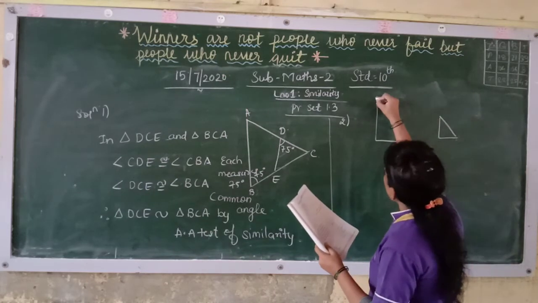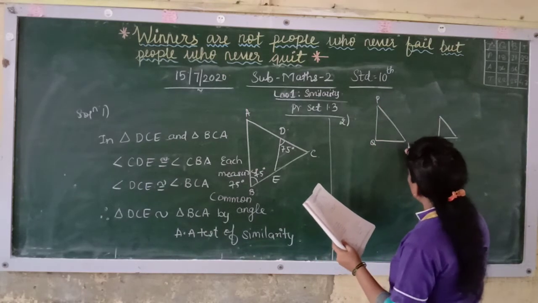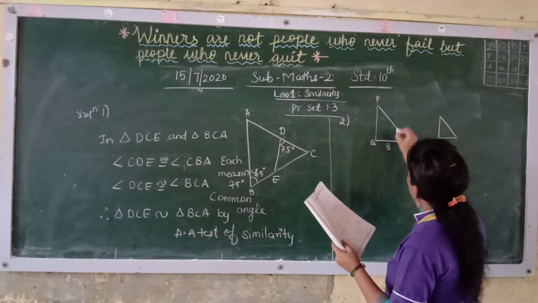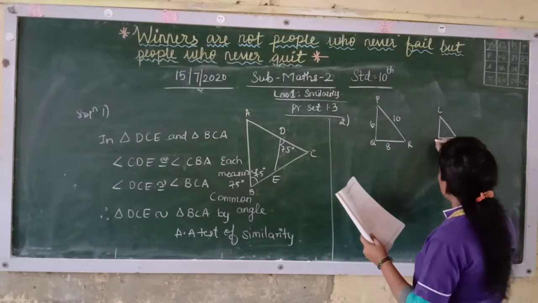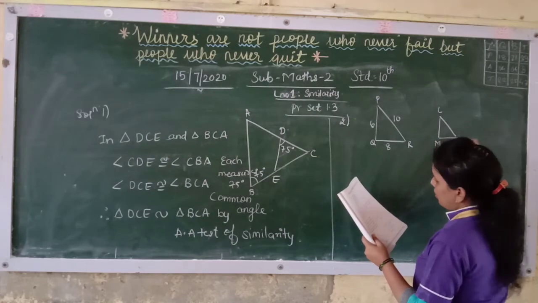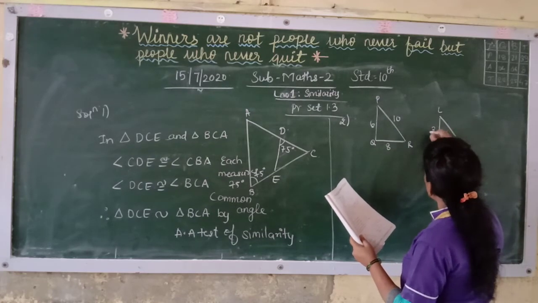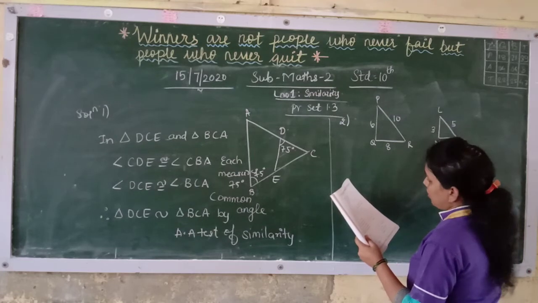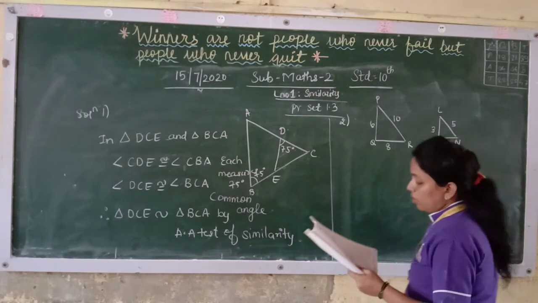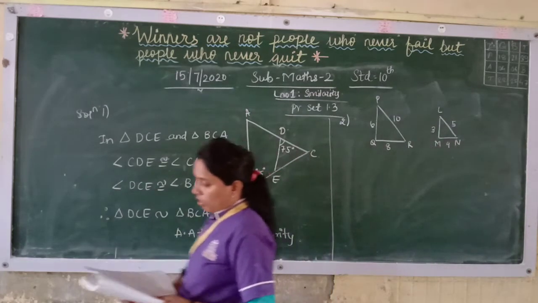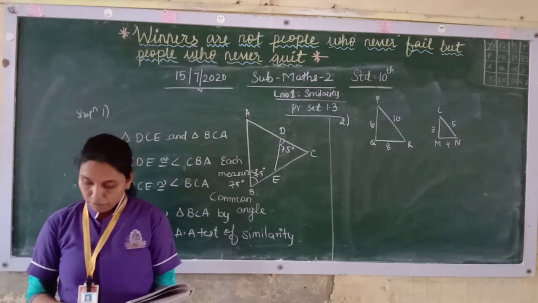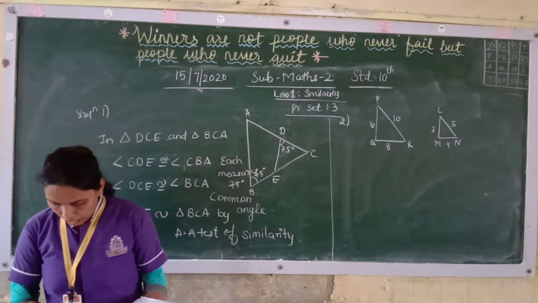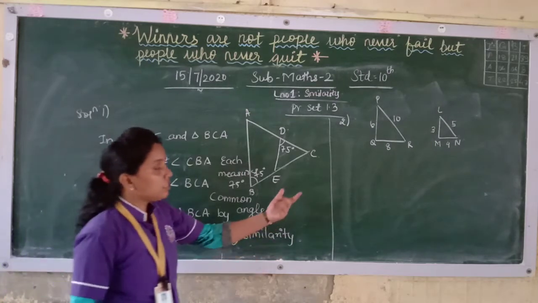So here it is P, Q, R. This is 8, 10 and 6. Here it is L, M and N. Here it is 3, 5 and 4. Now see, here they are asking, are the triangles similar? If yes, then by which test? Now see, how you will show that these can be similar.